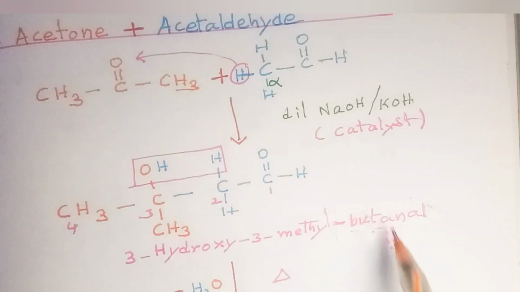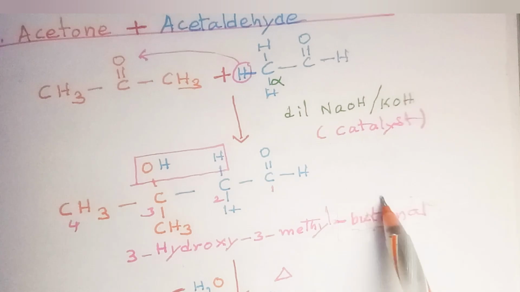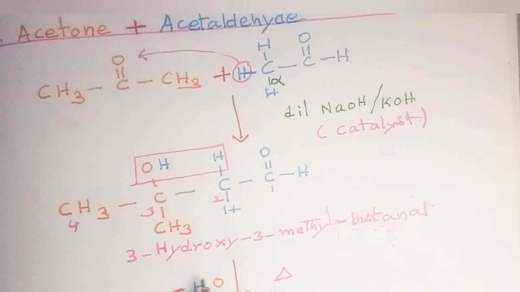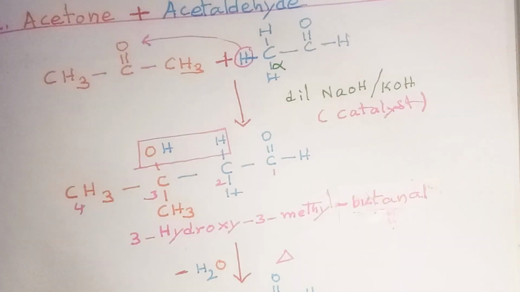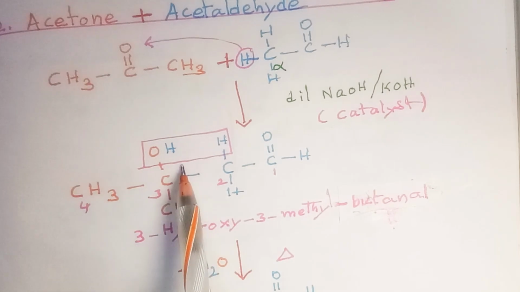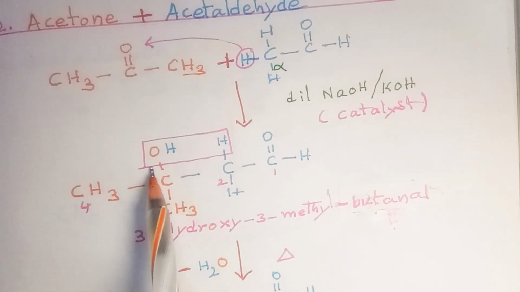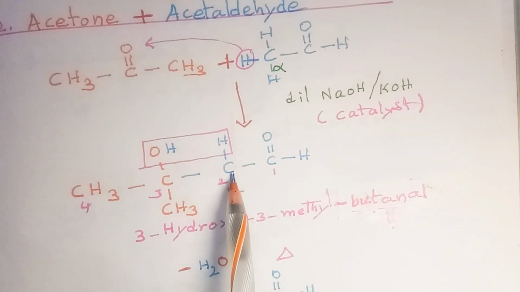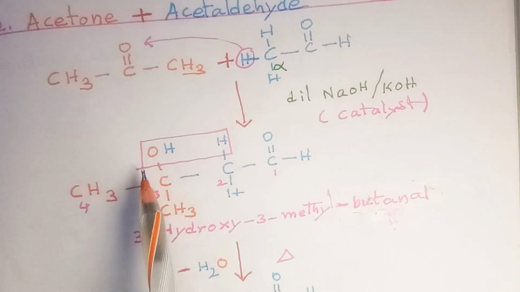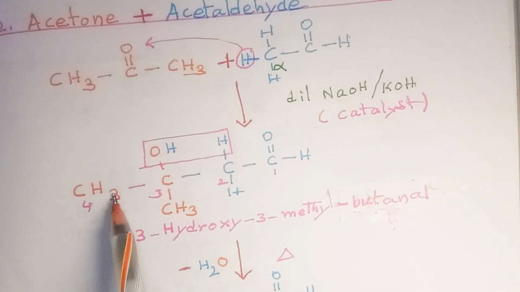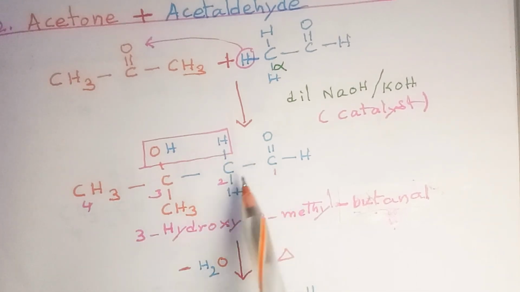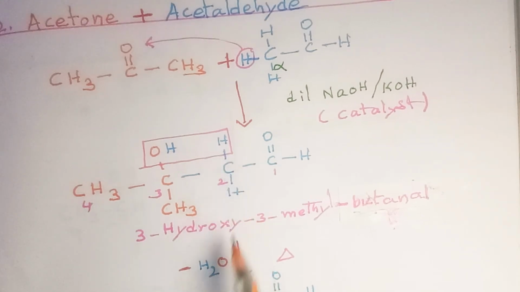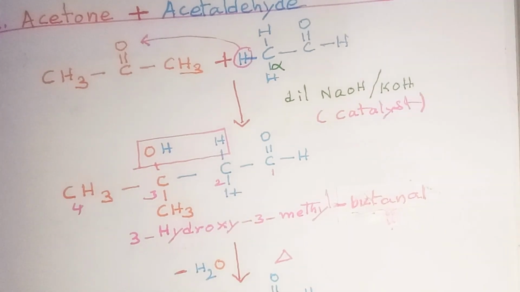When this aldol product is heated, it gives us a water molecule. The water molecule is formed by the alpha hydrogen of the second reactant and the OH formed on the first reactant. This water molecule contains 2 alpha hydrogen atoms from the second reactant and oxygen from the first reactant.